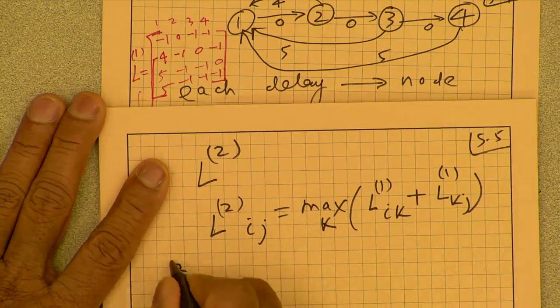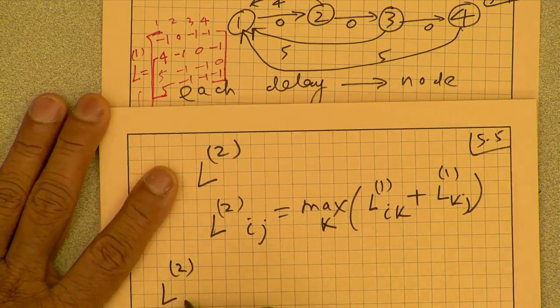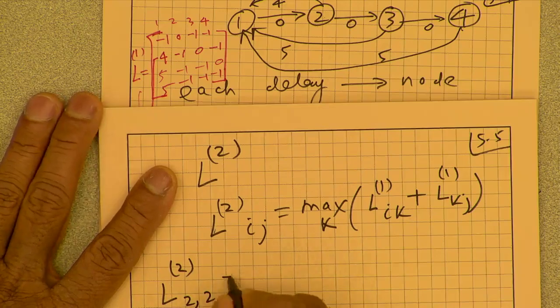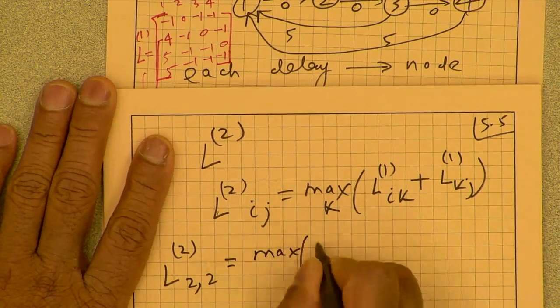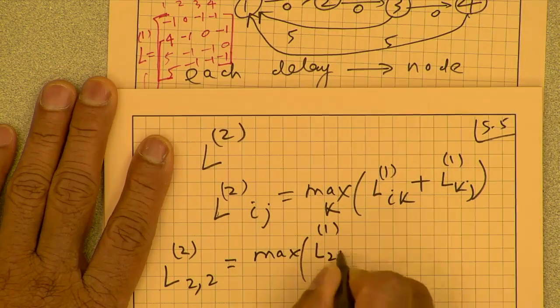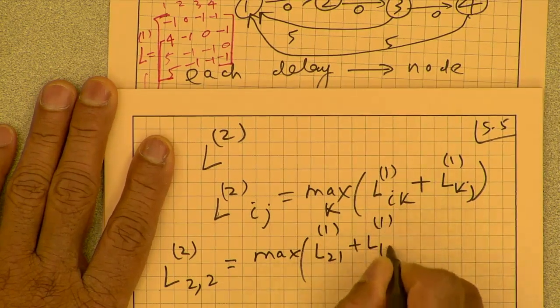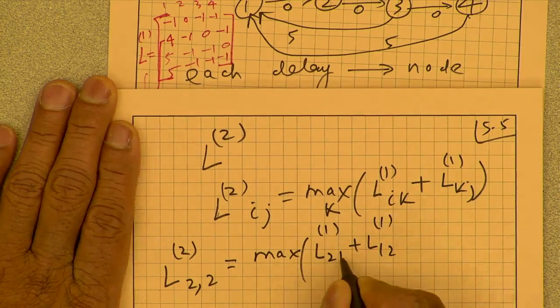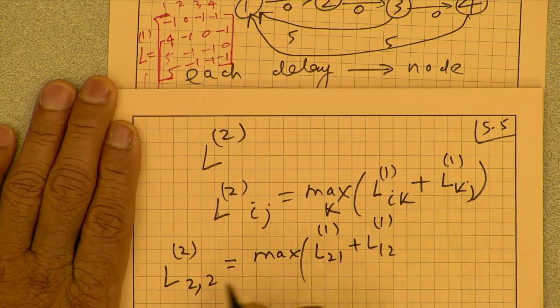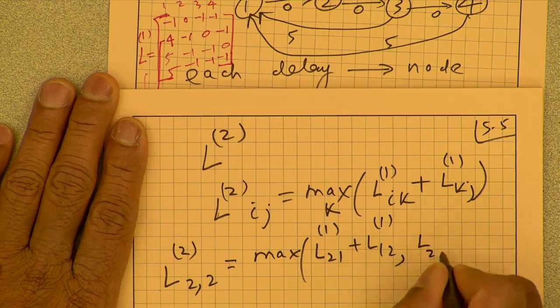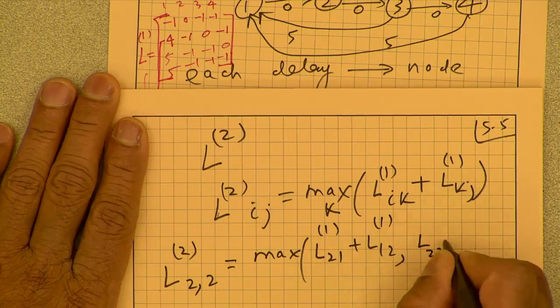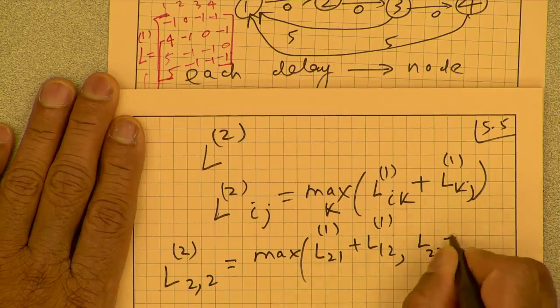Let's say I want to find L2 22. L2 22 will be the maximum of L1 21 plus L1 12. So that's the longest path from 2 to 1, and 1 to 2, that's the longest path from 2 to 2, plus L1 22.